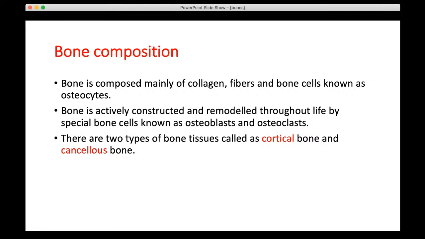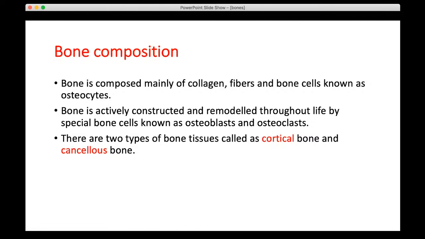Any alteration in this process of bone remodeling can hamper your normal system, because excess bone remodeling will make your bones weak. If it is on the other side, that is also harmful. So there should be perfect control on this process.